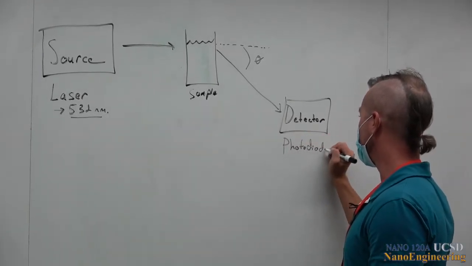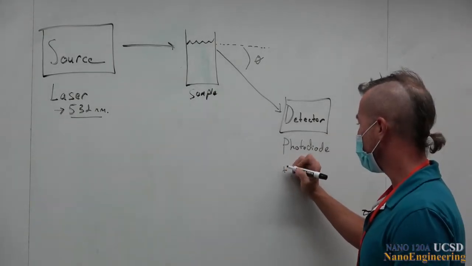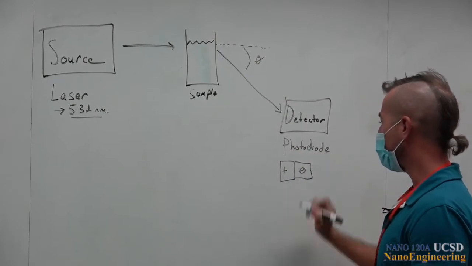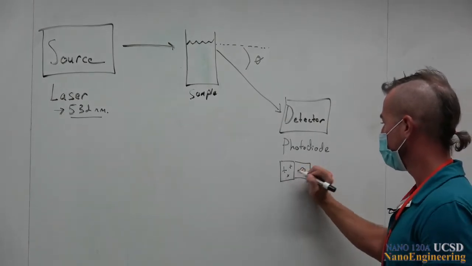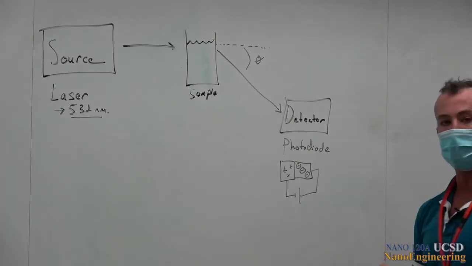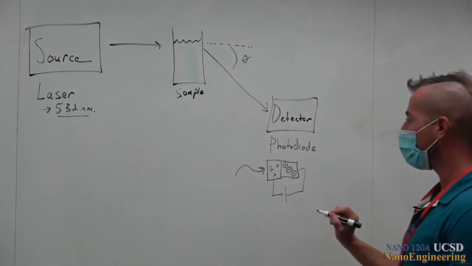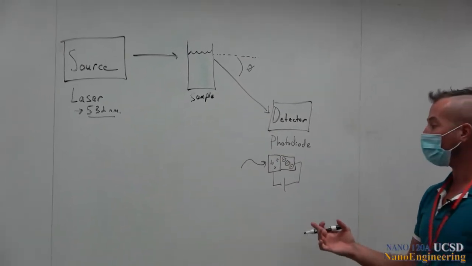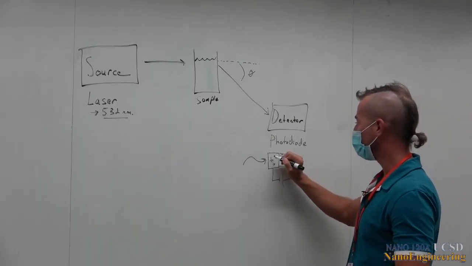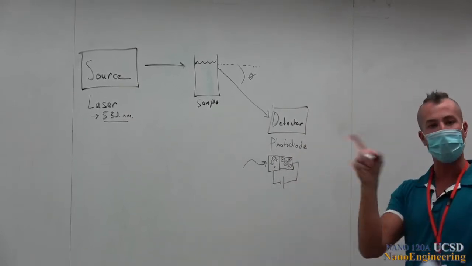If you've seen my lecture on absorption spectroscopy, you know how a photodiode works: it has a region of positive charge and a region of negative charge that are coupled together. When a photon comes in, it creates an electron and a hole, and they move to their respective regions, and you get current flowing.